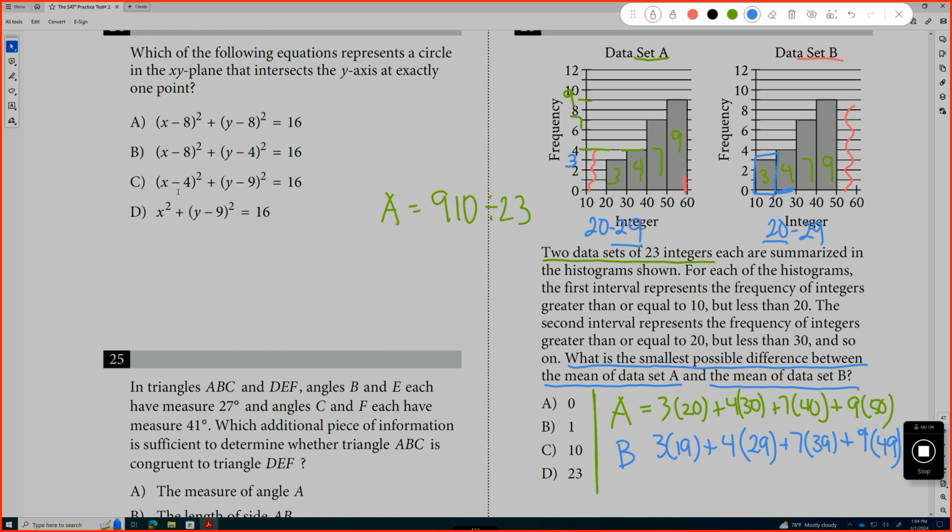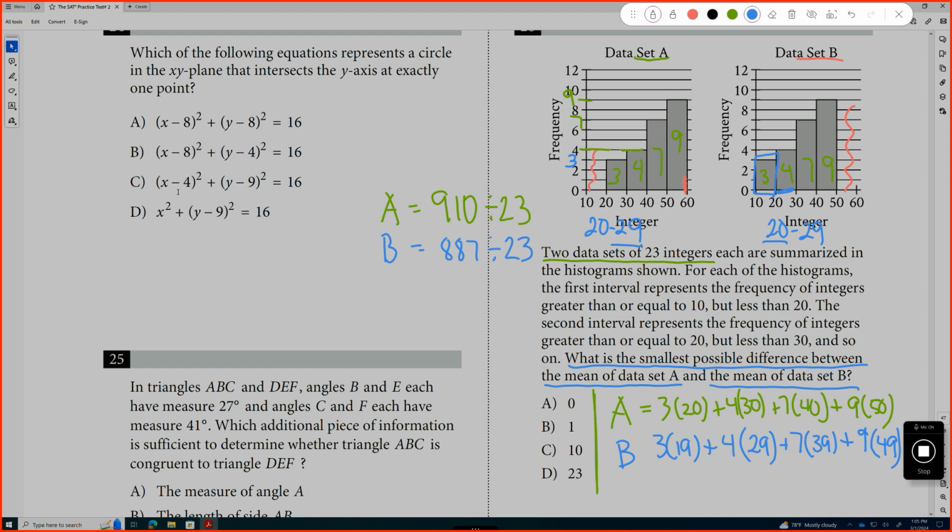And then the values of B, when we add 3 times 19 plus 4 times 29, etc., are equal to 887, divided by 23. Okay, so here we could find the average and then subtract the two averages, right?